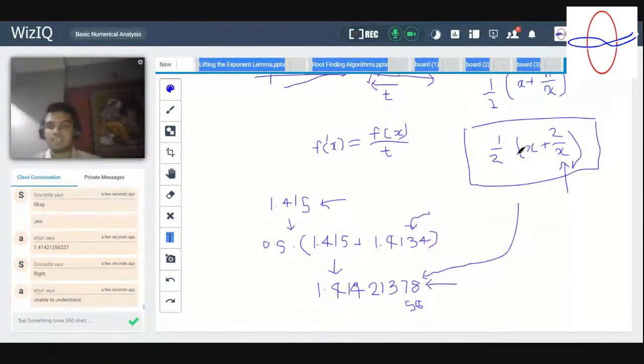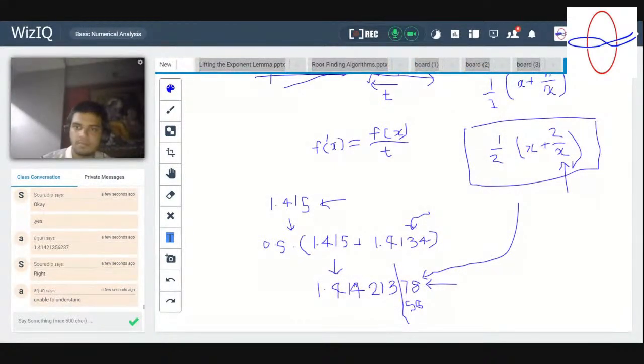And once you do that, you'll get this number, which is correct up to 6 decimal points of the value of square root of 2. Arjun, is that summary good enough? Yeah.